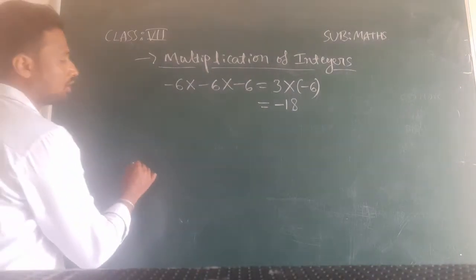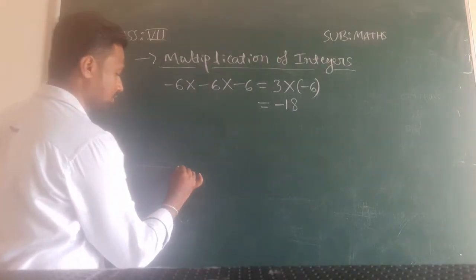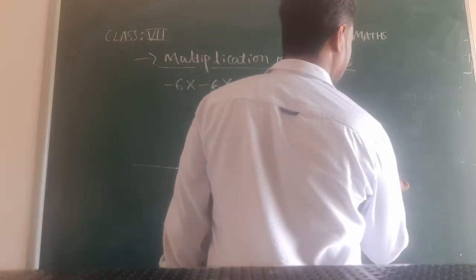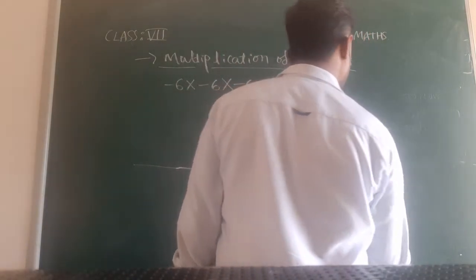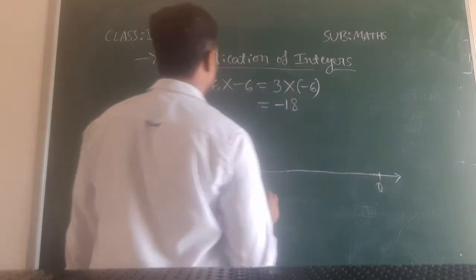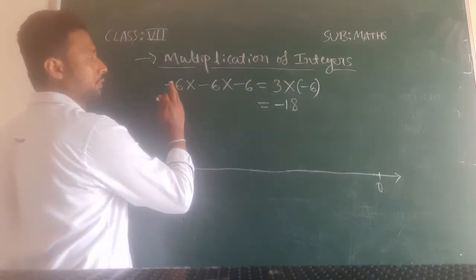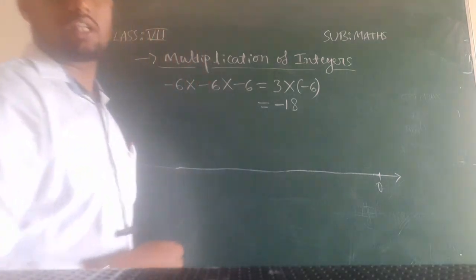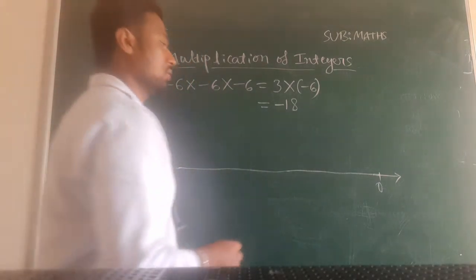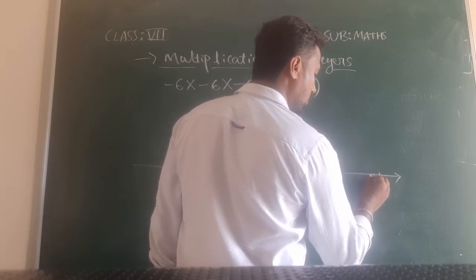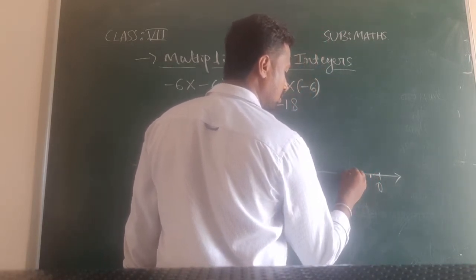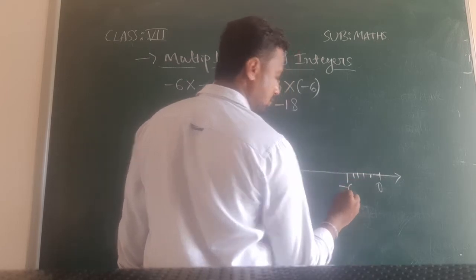Here I will draw the number line for this, and I will start from 0. We have multiples of minus 6, so here I will represent minus 6 only. So minus 1, minus 2, minus 3, minus 4, up to minus 6.